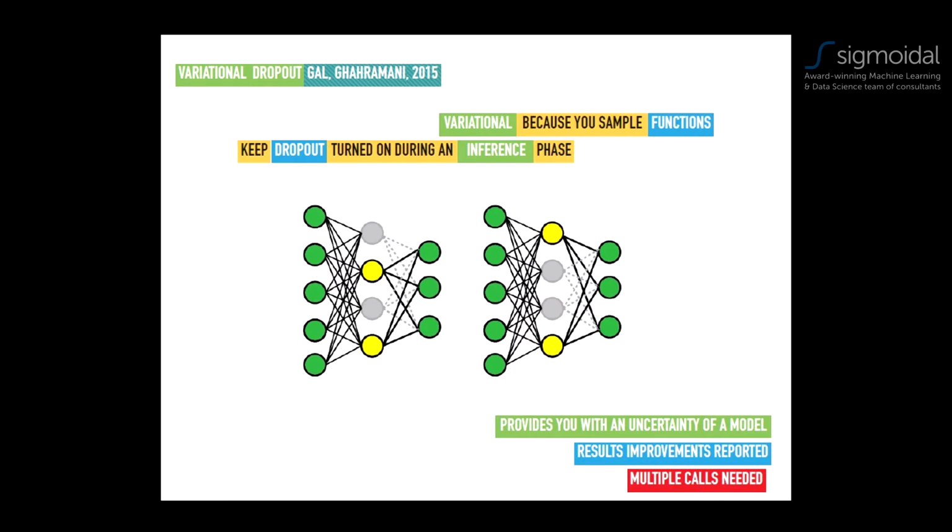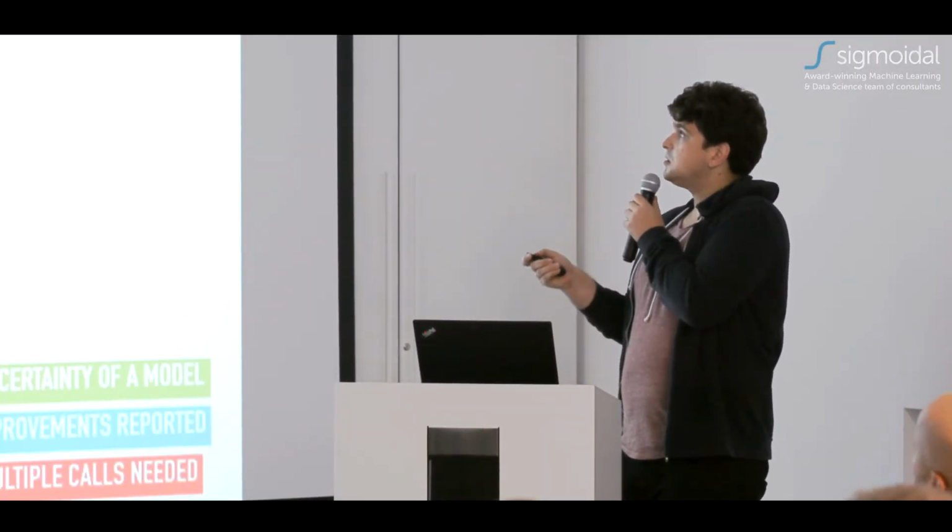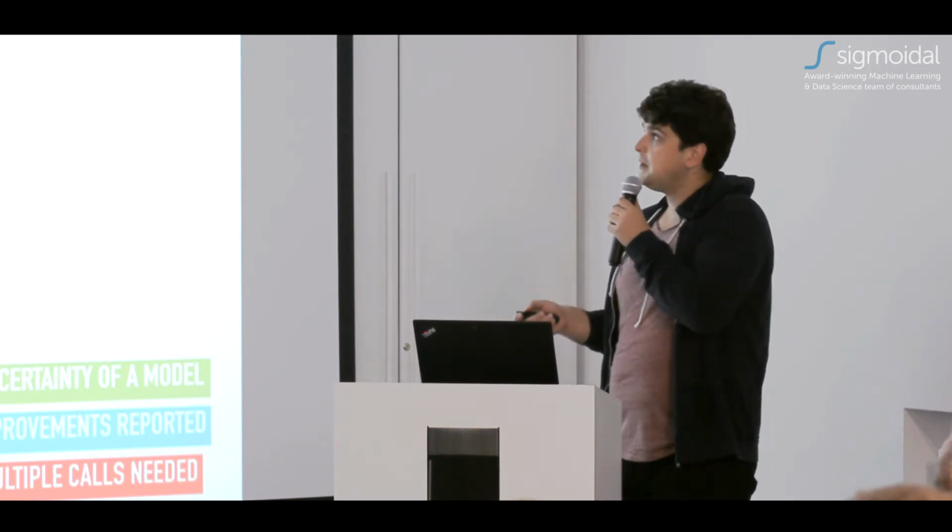You are simply not turning off dropout during the inference phase. So basically, during inference time, you are sampling functions by simply turning off part of the units also during inference. And this is why it's called variational, because you are sampling functions in this way.